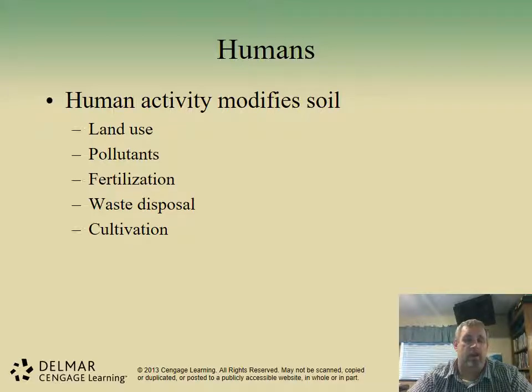And this kind of comes in when we talk about land use, and cultivation is a huge one. We talked about the Dust Bowl, we talked about plowing and having those soils turned and turned and turned and continually used. Well, that's not good for soil. Soil likes to have its defined layers. Soil likes to be in its horizons and have its things, and it really wants to be left alone.